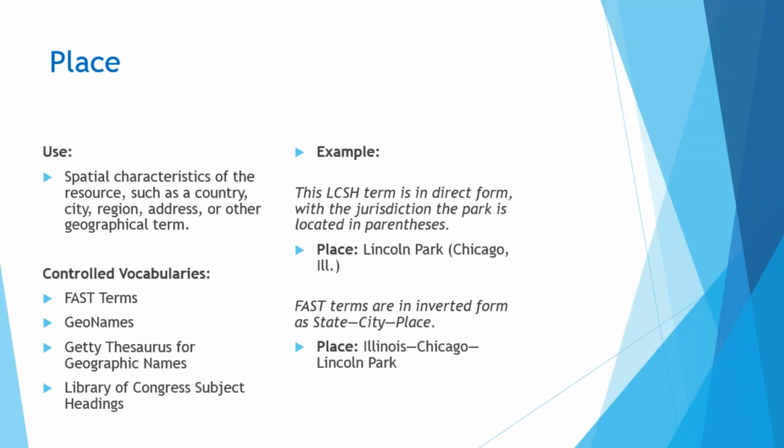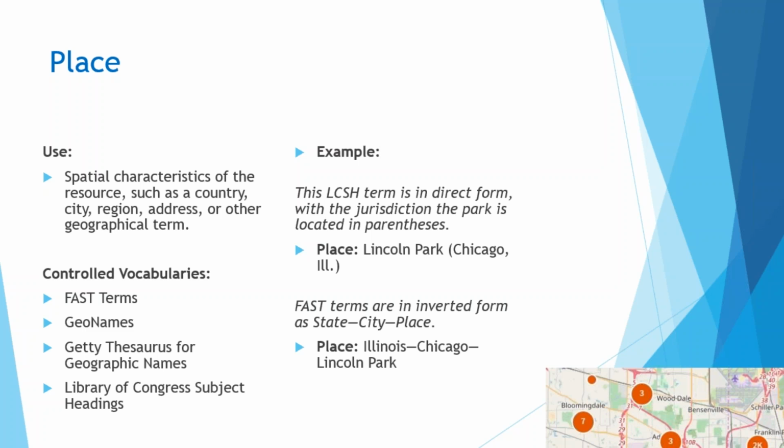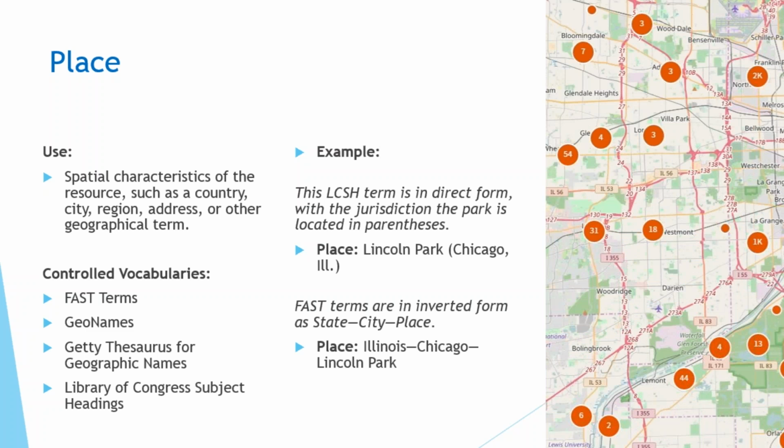So here we go. Here are the controlled vocabulary names for place. The place field is recommended if available, and it is repeatable. However, even though the field is repeatable, formatting matters, again, what we mentioned earlier, for how this information is displayed in DPLA.